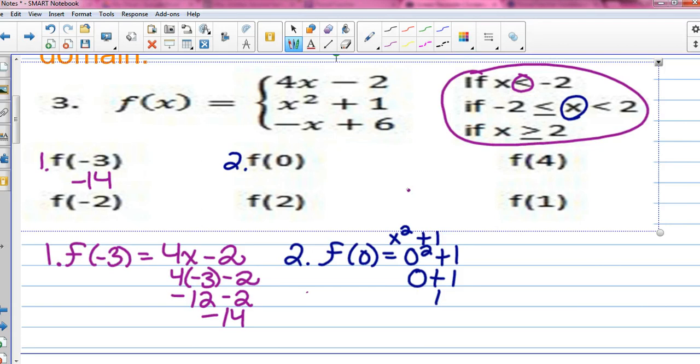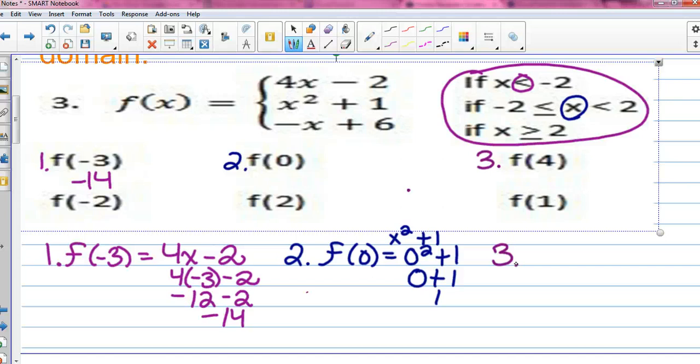Now for number 3. The first thing I need to do is f of 4. I need to figure out where that goes. Is 4 less than negative 2? No, so I'm not using the first one. Is 4 in between negative 2 and 2? No, so I'm not using the one in the middle.